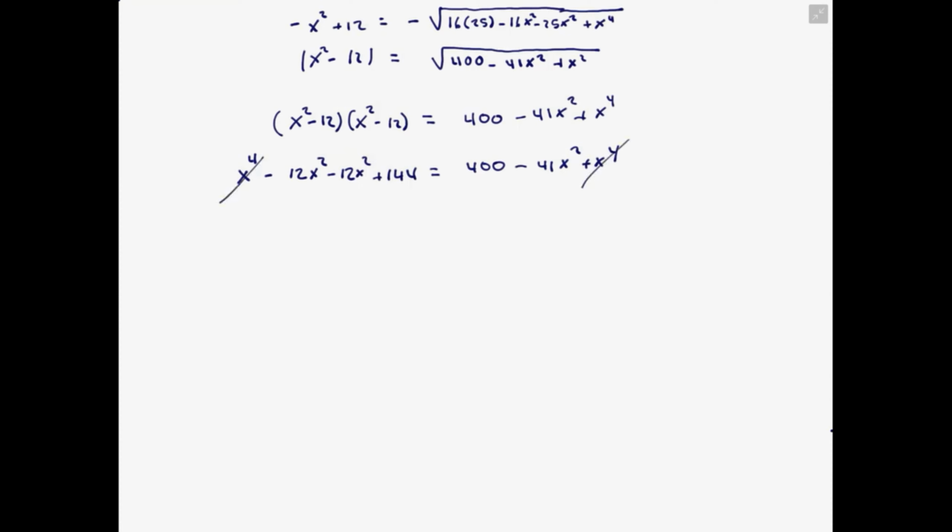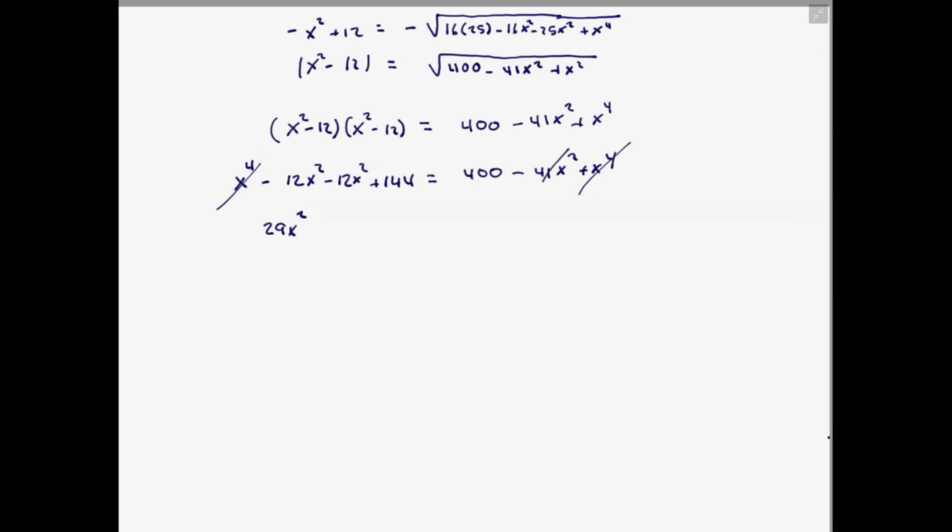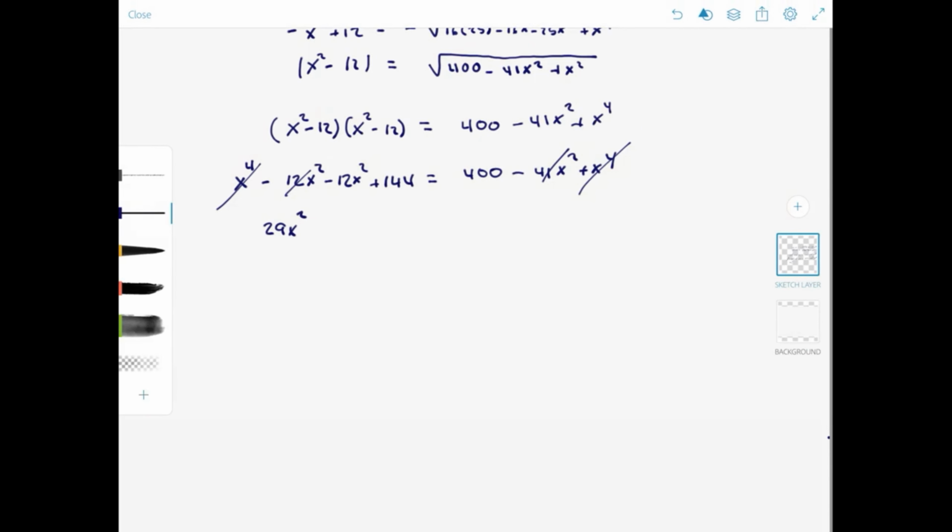Now these go out. We have 41 minus 12 minus 12. So we have 29x squared on the left side minus 12, that's 17.